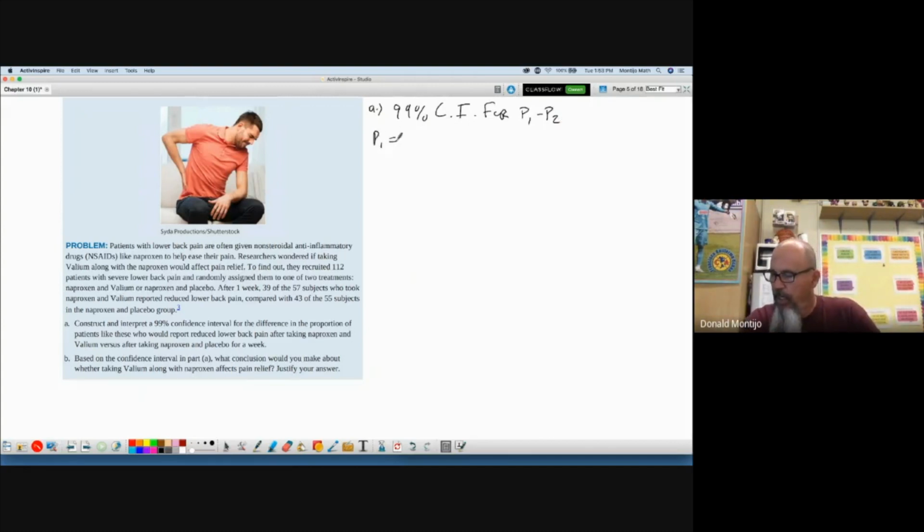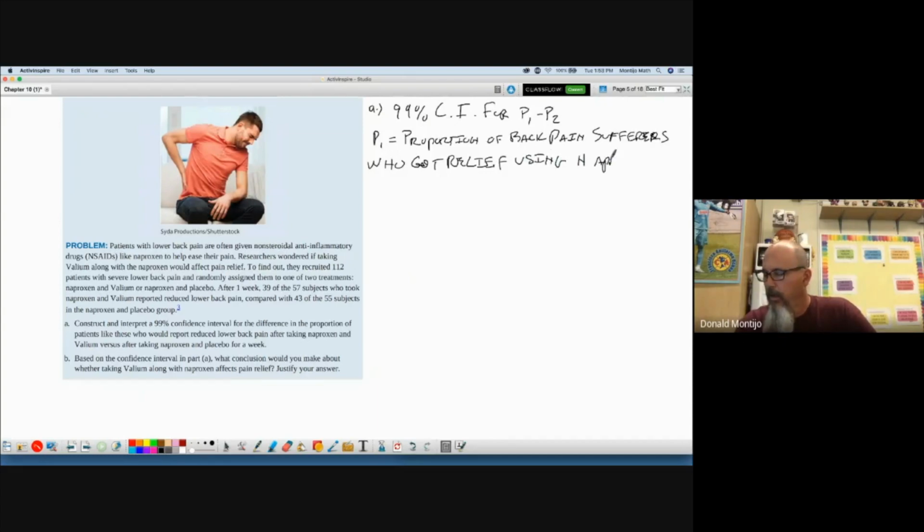So P1 is the true proportion of back pain sufferers who got relief using naproxen and Valium.